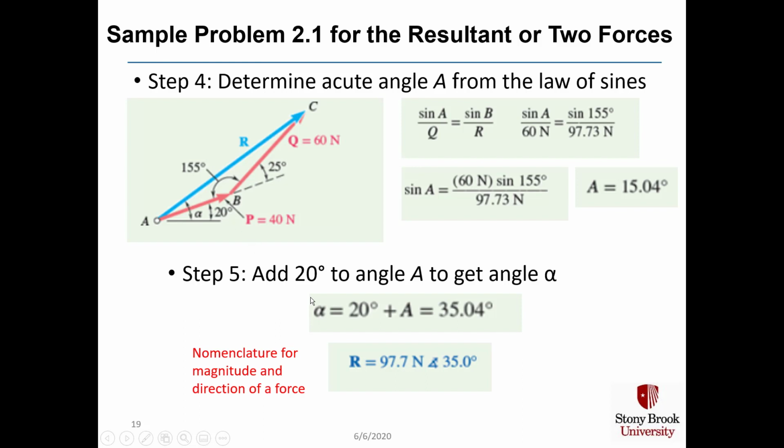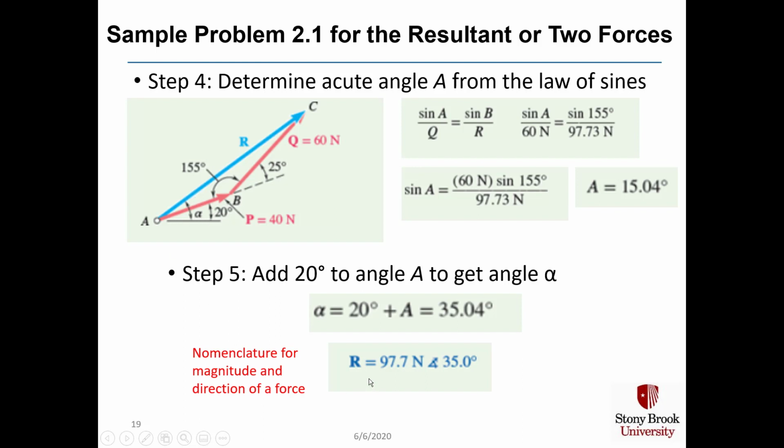And we add that angle A to the original 20-degree angle between vector P and the horizontal, and we see that vector R is at an angle of 35 degrees from the horizontal.